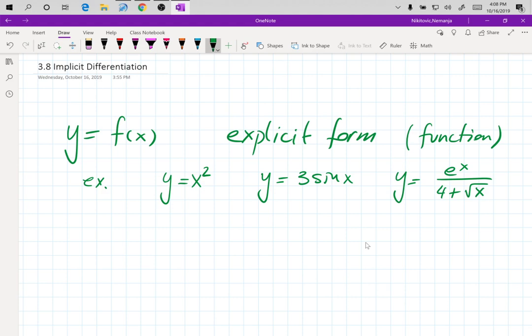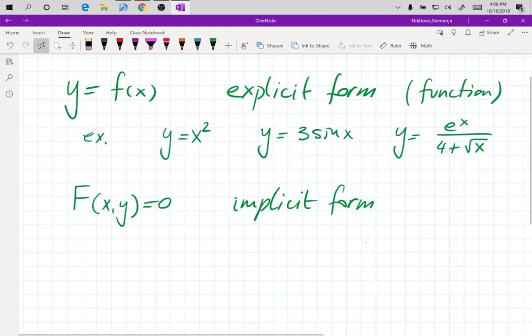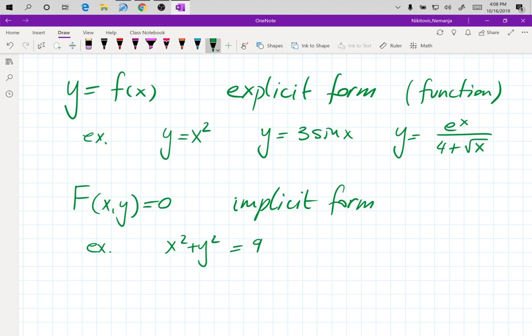And then we have something that looks like this. F of x, y equals 0, which is implicit form. Now, could be functions, but it doesn't have to be functions. For this particular one, for example, x squared plus y squared is equal to, let's say, 9.